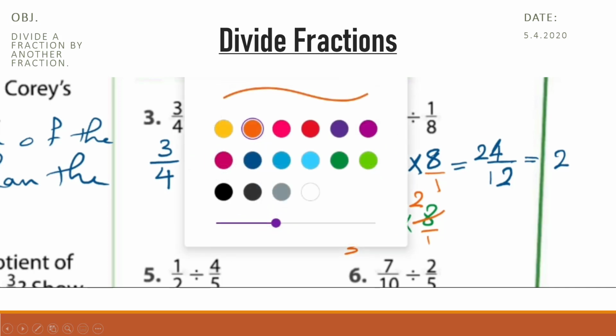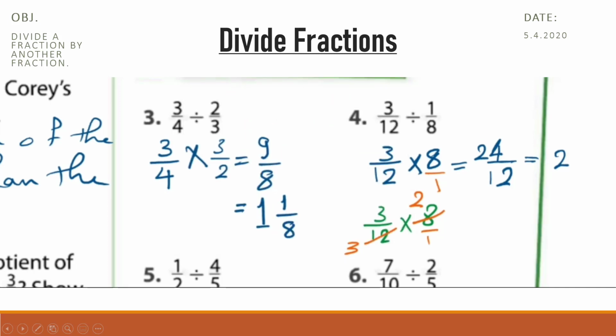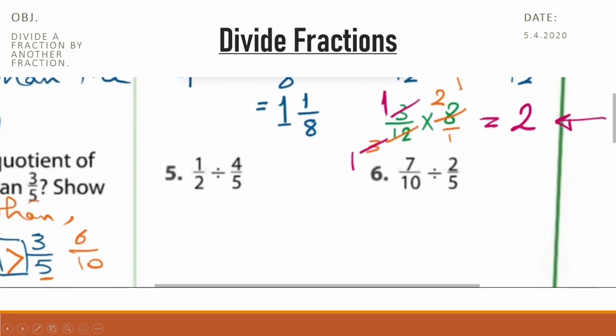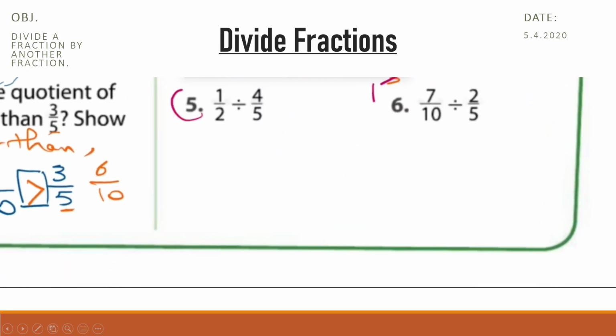And dividing by 3, this is 1, and divide by 3, this is 1. So 1 multiplied by 2 divided by 1 multiplied by 1 is 2. The same answer. So we can simplify before multiplying, and we can multiply then simplify. Both work. Now it's your turn to solve question number 5 and question number 6. I'm waiting for you.